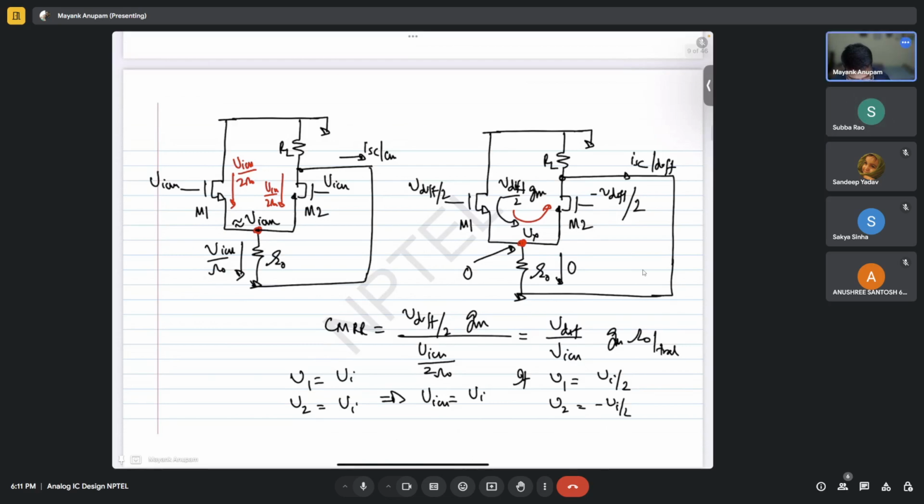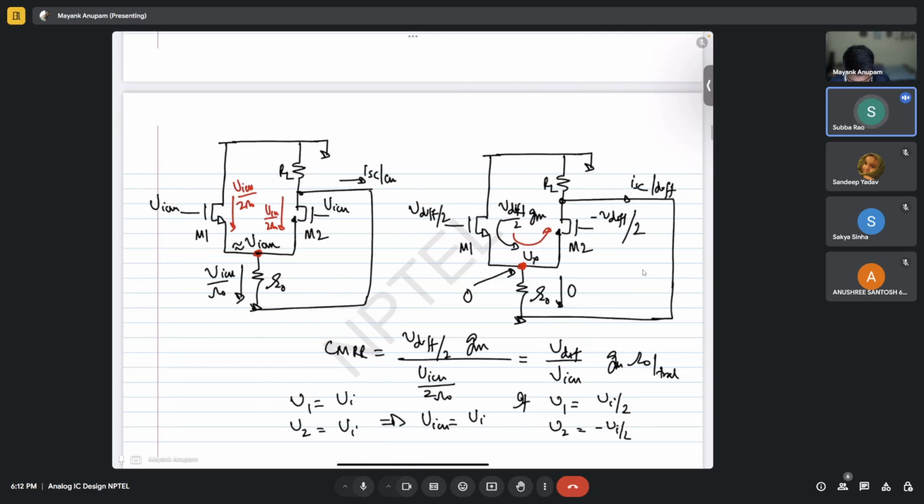Okay, let's try to understand this. Yes, he has taken the current ratios.